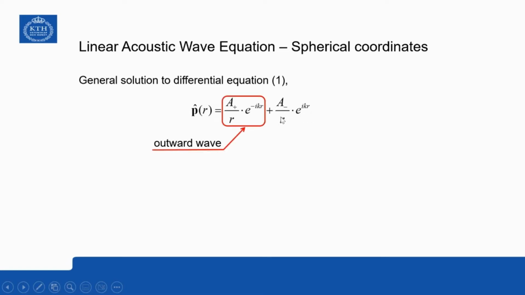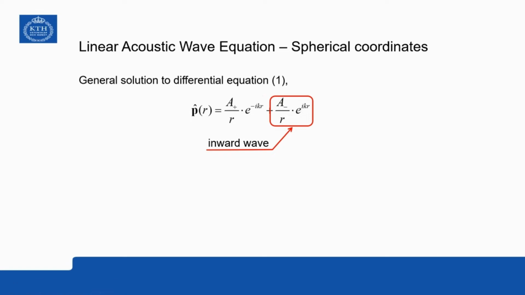So this first term here represents an outward propagating wave. So this is a spherical symmetric wave propagating out from the source, whereas this one, when you have positive sign here in the exponent, represents an inward wave.